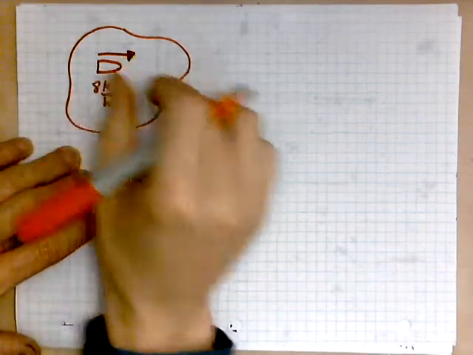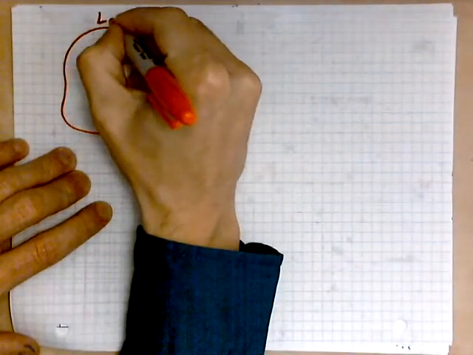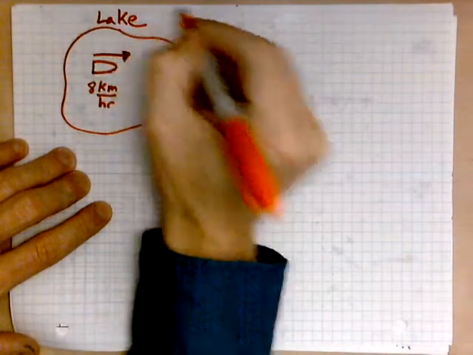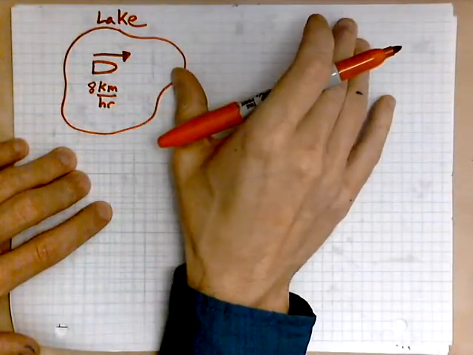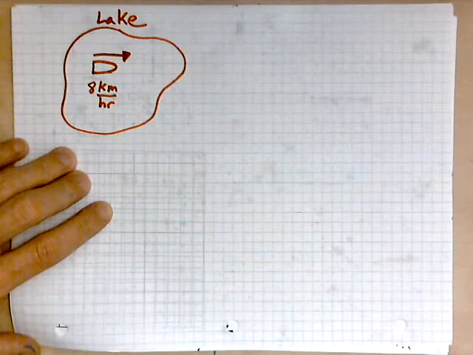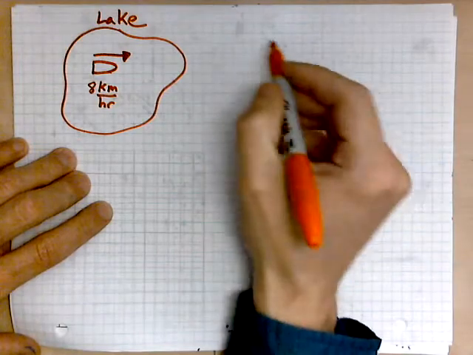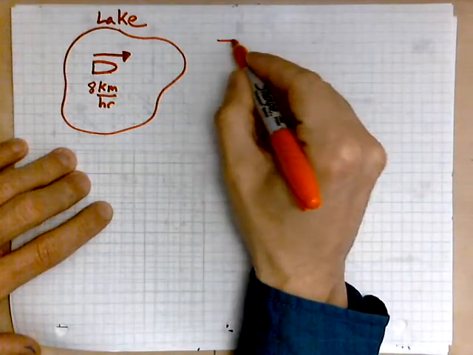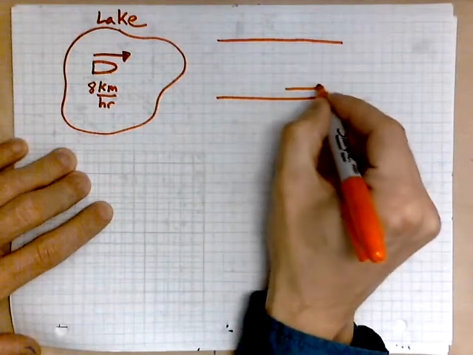Now, if you take this boat, so let's label this, so we see that this is the lake. Now imagine you take this boat and you place it in a river. And in this river, say the river is flowing this way.